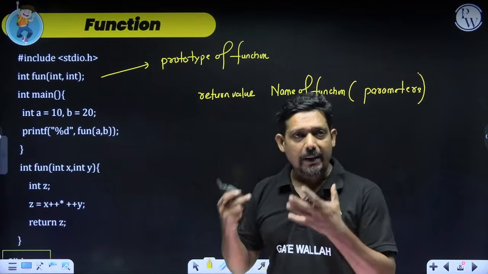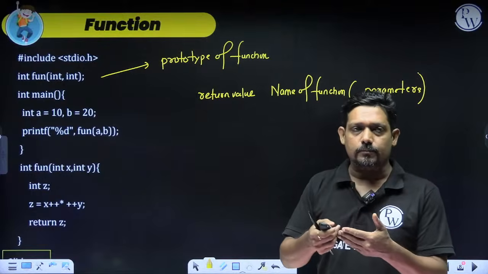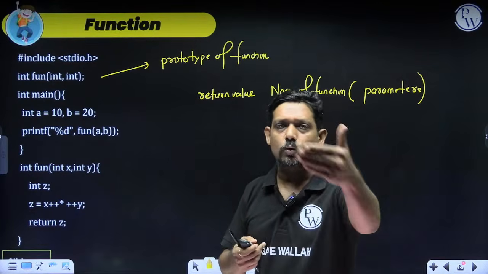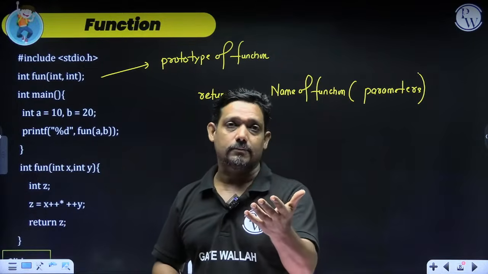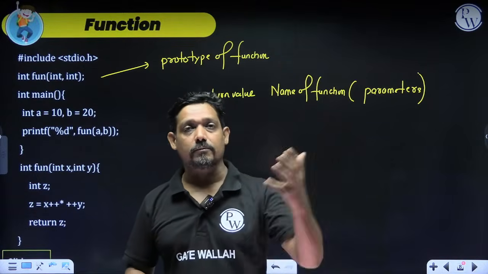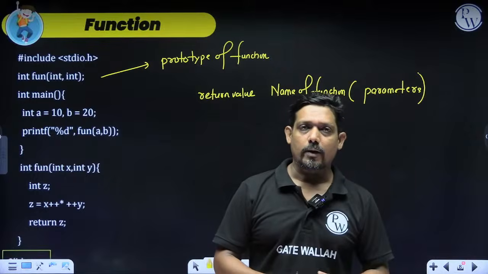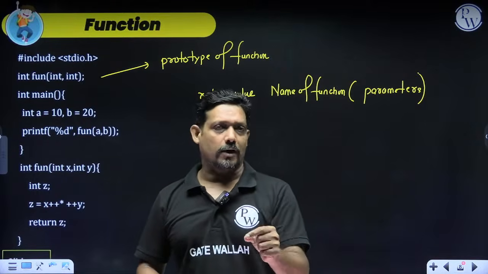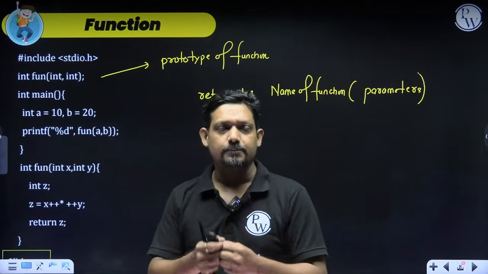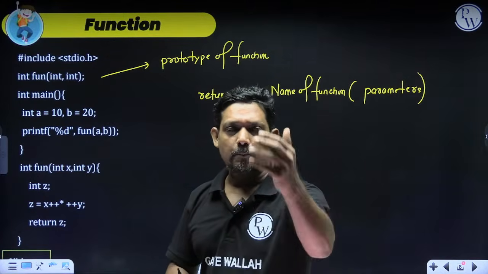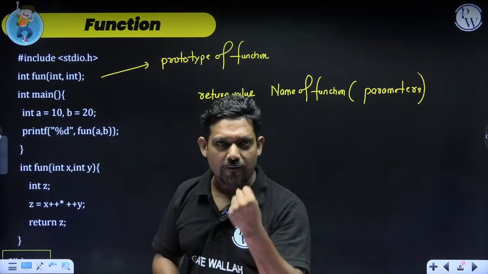So after completing, it's something like we are going to perform a task, like in our home somebody said go and get sugar. Now you are the function, the parameter that has been passed to you is money. You go back, purchase the sugar, and come back; the return value will be sugar.